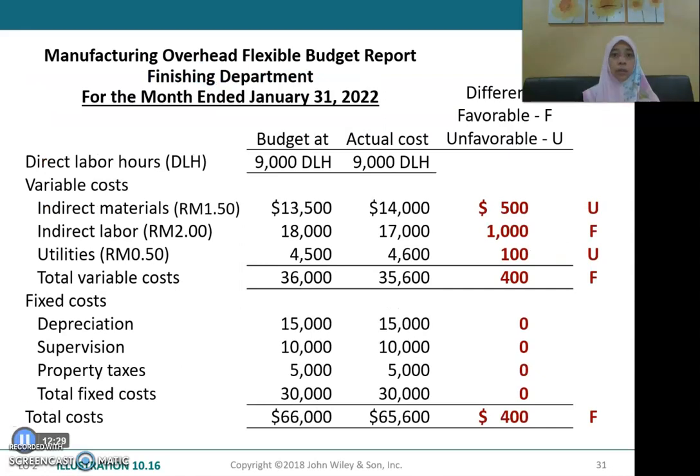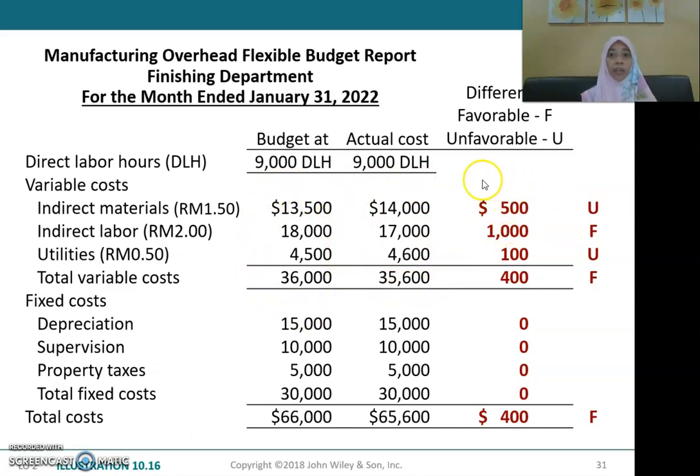If you see here, the flexible budget report is being prepared at the same level of activity as the actual. So if your actual is 9,000 direct labor hours, then you are preparing your budget at 9,000 direct labor hours. Given this information for the actual, you work out how much your variable cost is.